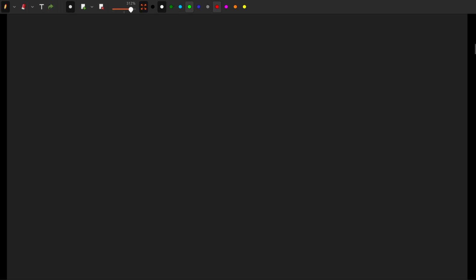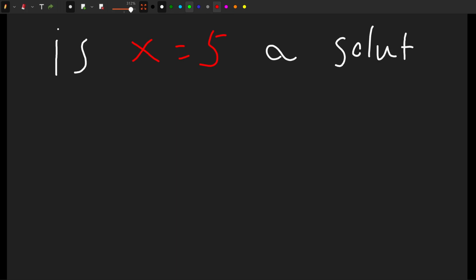In our next problem, we're going to ask, is x equals 5 a solution? So let's go ahead and ask that. So is x equals 5 a solution to the problem below.